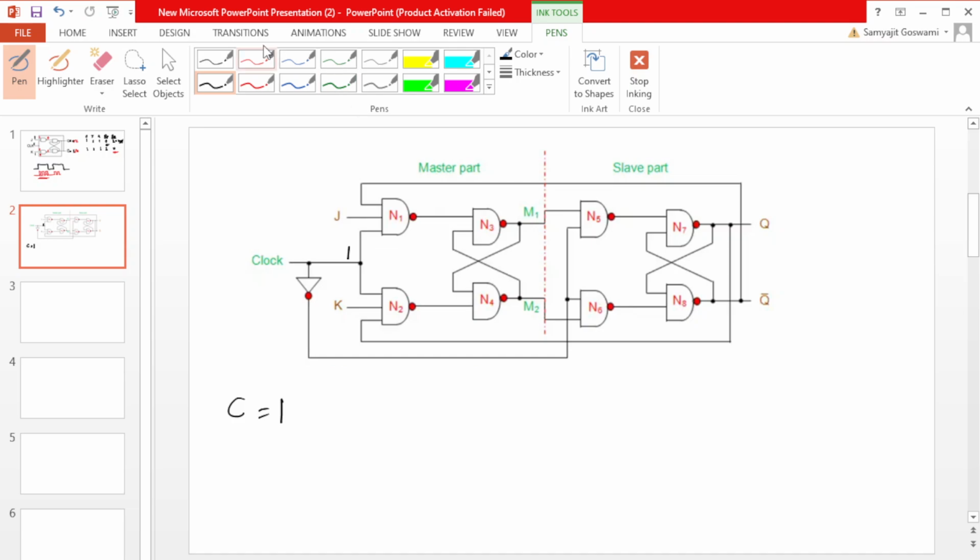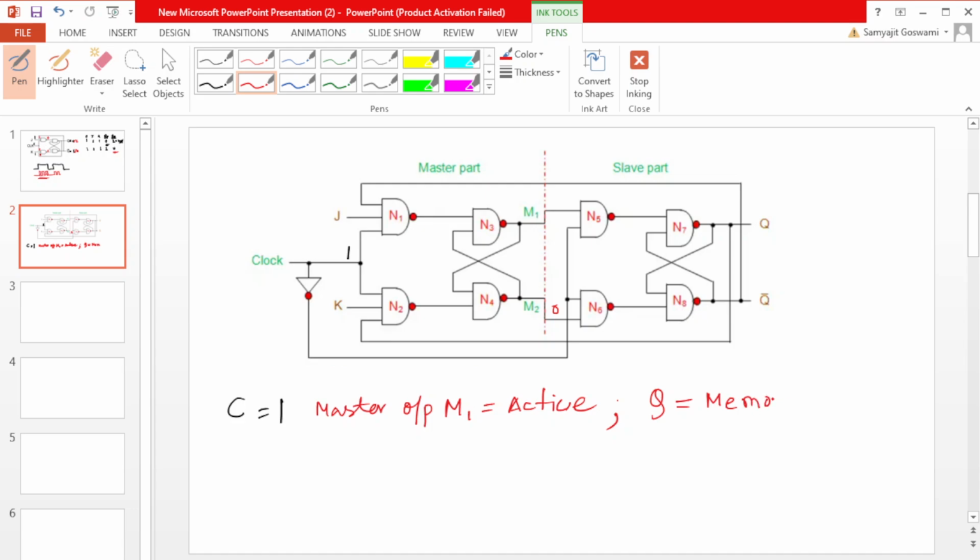That means at that position the clock is 0. So when the clock is 1, the master output, that means M1, is active, and this is Q, that means the slave output will act as a memory.